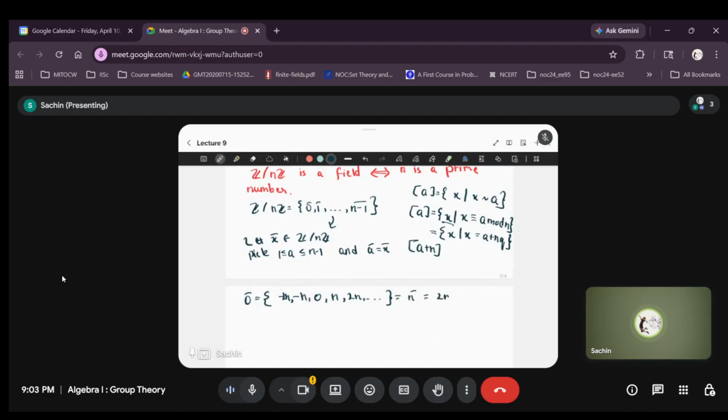This is also equal to the equivalence class of 2n. This is equal to the equivalence class of minus n. Right? This 0 is just a placeholder, a representative to represent the set, the equivalence class.